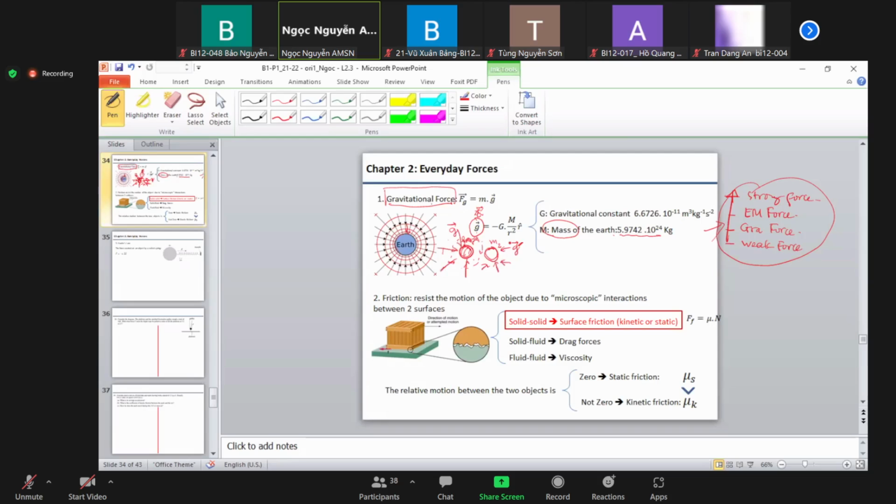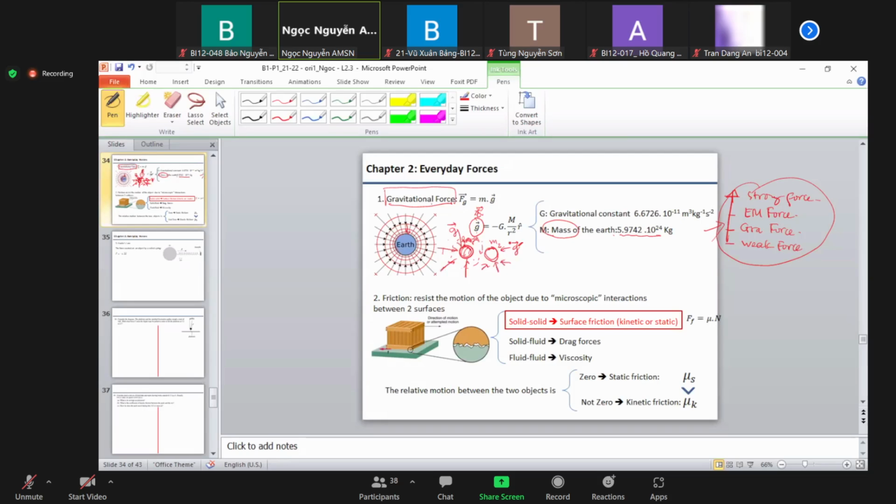Because the mass of the Earth is so huge, when you calculate G of the Earth, when you replace the values of G, M, and R, you will get the value of the Earth's G, which is around 9.8.